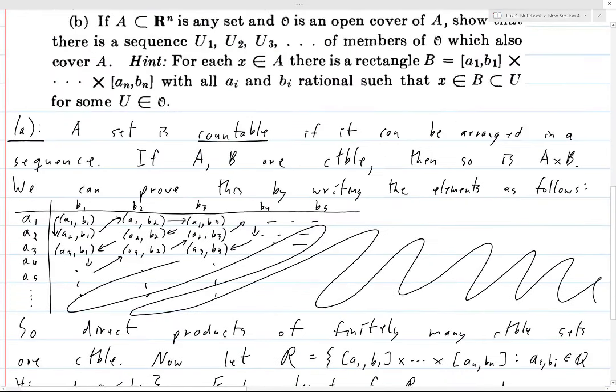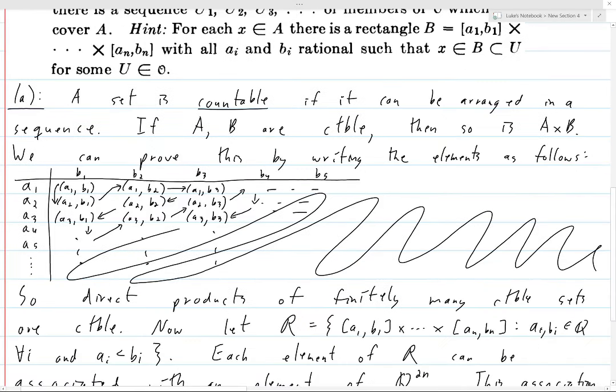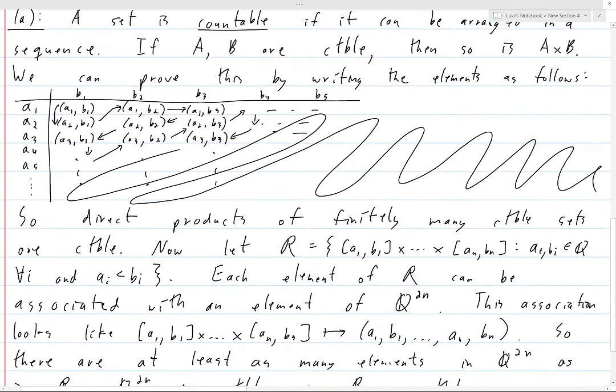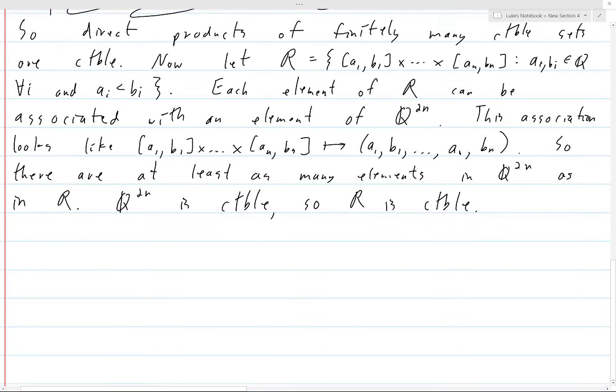Then part B says, if you have any set in Rn and you have any open cover, then there is a countable subcover. It almost sounds like a compactness thing, but it holds for any set.